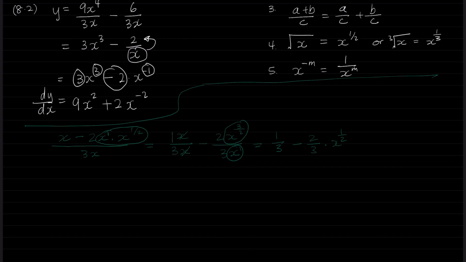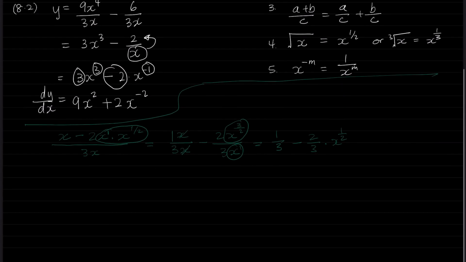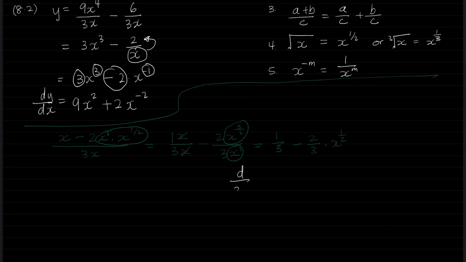So they want d/dx of this expression right here. Well, this is a constant, so that's 0. And then half times minus 2 over 3 is going to be minus 2 over 6, and then x to the power half minus 1.